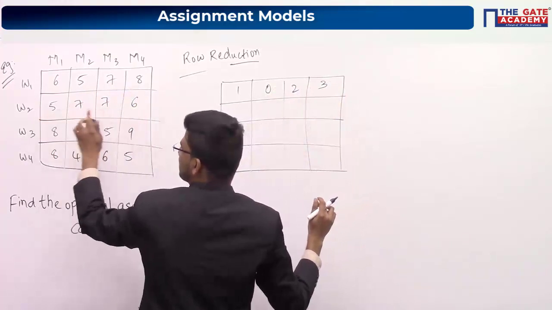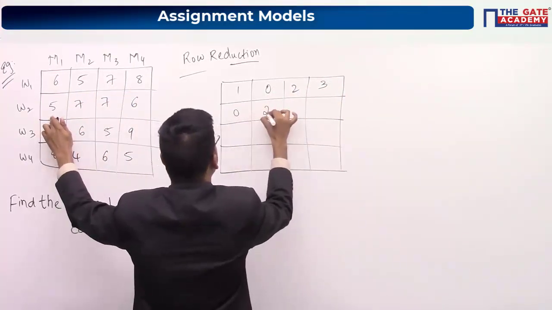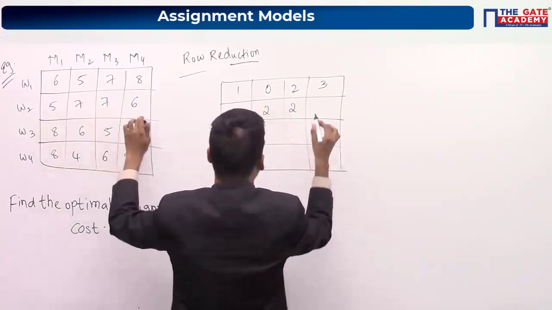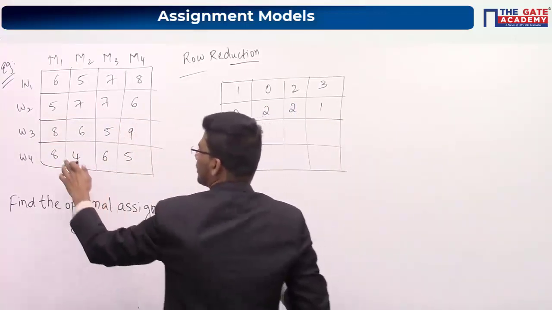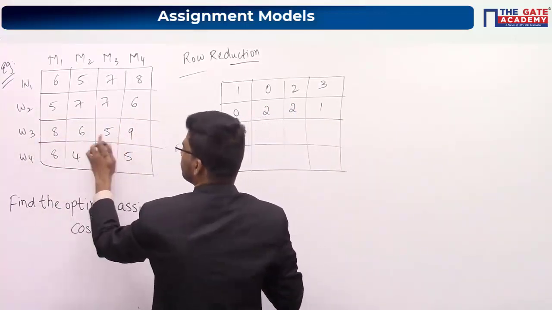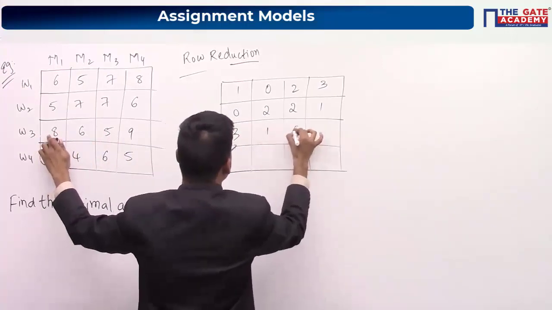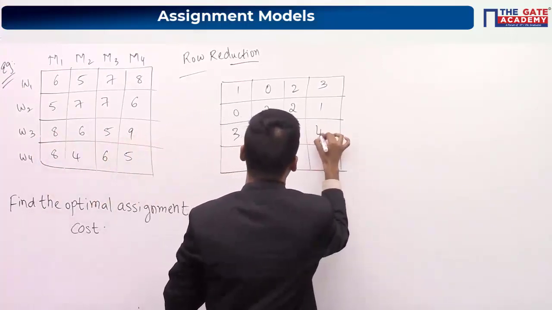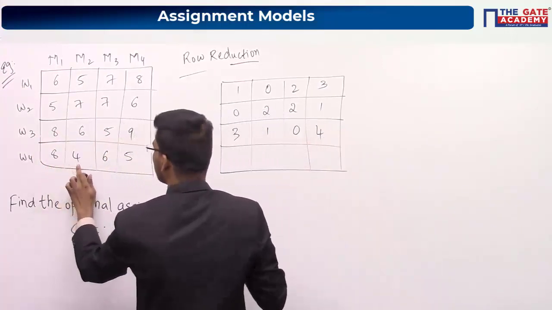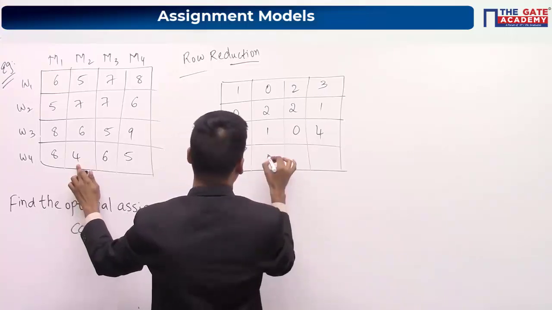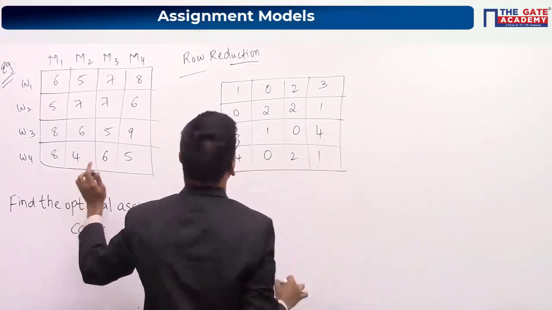The minimum here is 5. So this will be 0, 2 and 2 and this will be 1. What about the minimum here? Again it is 5. So this will be 3, 1, 0 and 4. What about this row? 4 is the minimum. So this will be 4, 0, 2, 1.